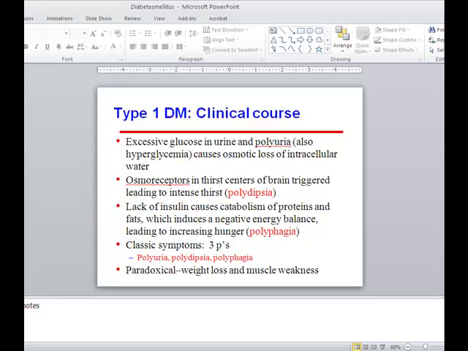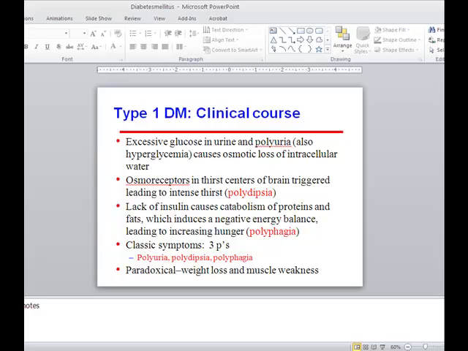So when you lose water, your blood and body fluid osmolarity increases. That triggers these thirst centers in the brain. And so these individuals are very thirsty. Okay? So the increased, intense thirst is referred to as polydipsia.